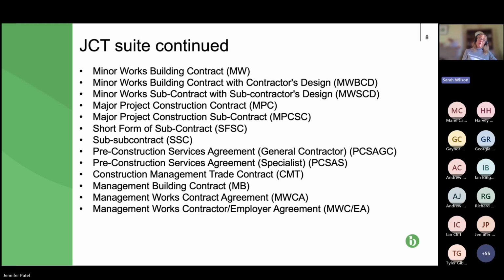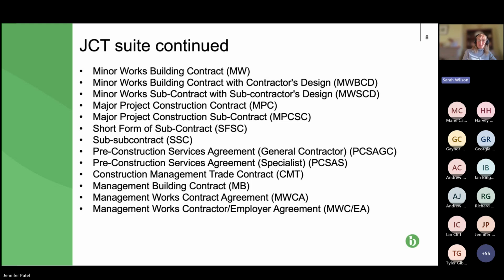My experience of those two contracts, the management building and the management works, sorry, the trade contract and the management contract, is where, for example, main contractors partway through a build become insolvent, and a new contractor has to be brought onto site to finish the works.